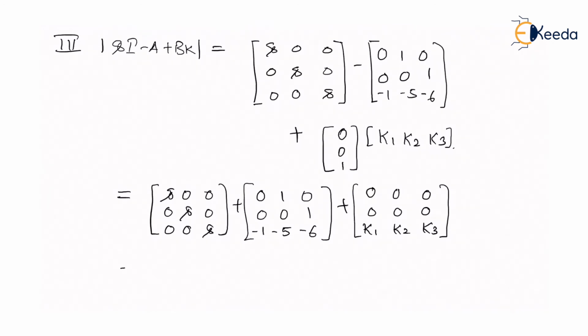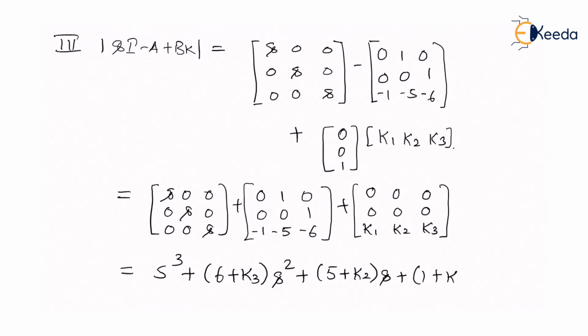Now if you solve this determinant of sI minus A plus BK, the final expression that you get is s cube plus (6 + K3) s square plus (5 + K2) s plus (1 + K1). Now mark this expression, a very important expression.